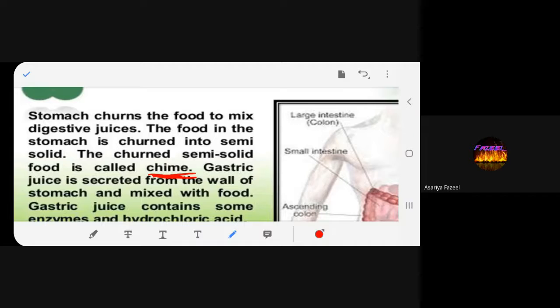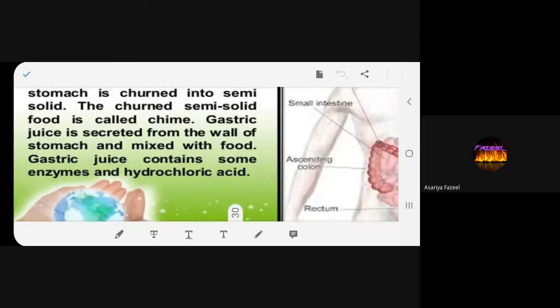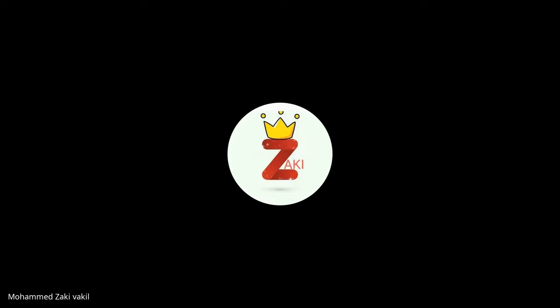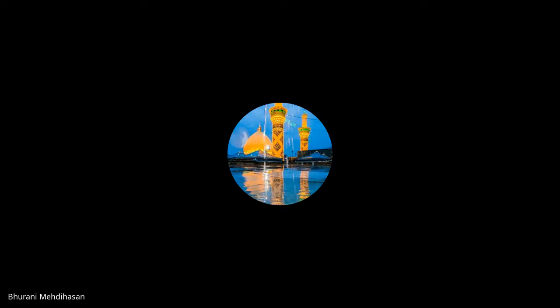Now we have certain gastric juices produced from the wall of the stomach, which also get mixed with food. This gastric juice actually contains what? Enzymes and hydrochloric acid.